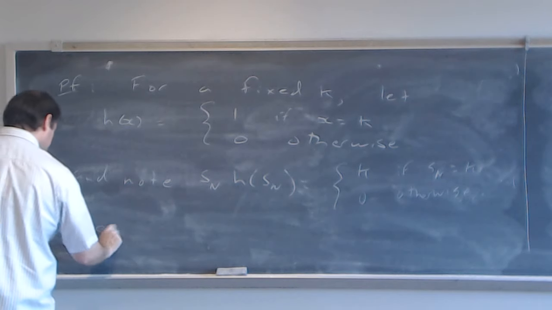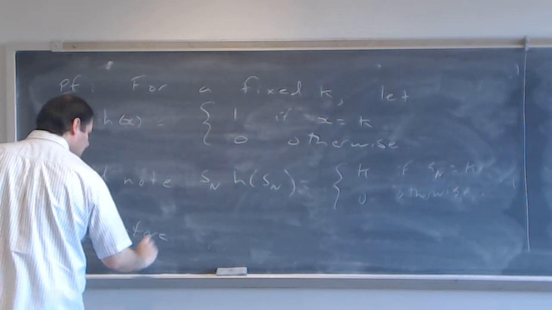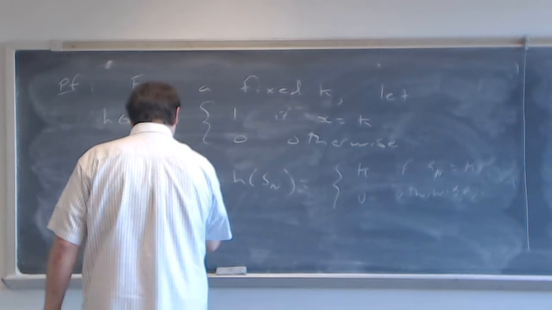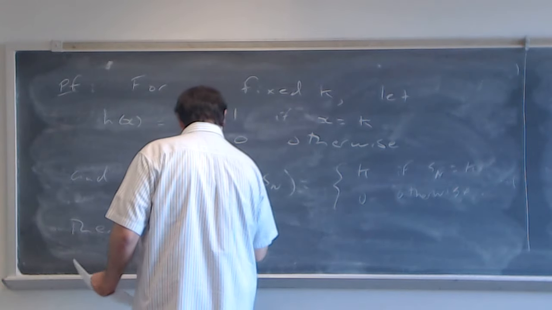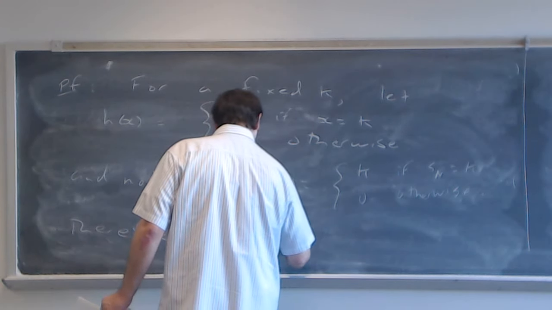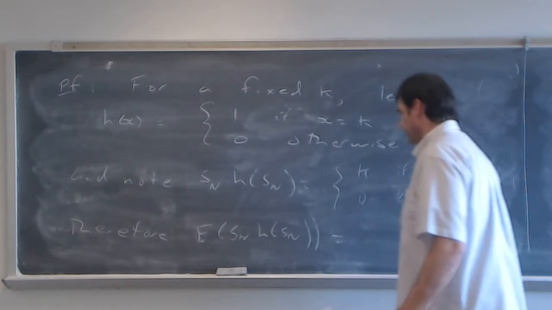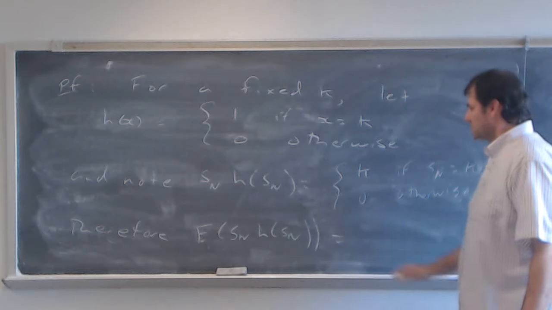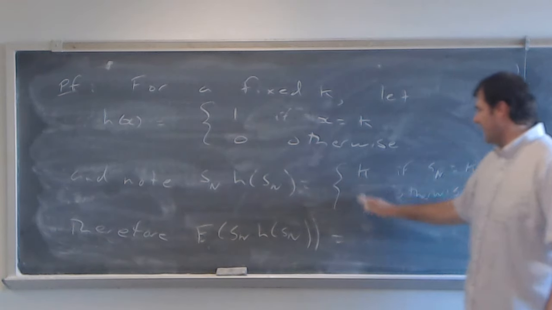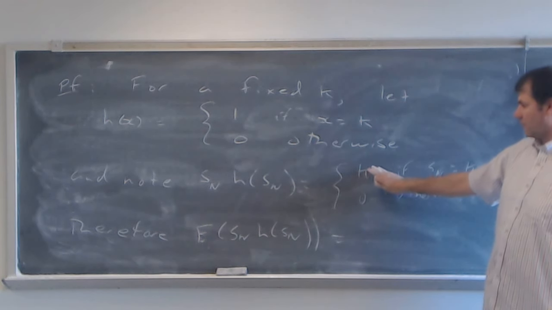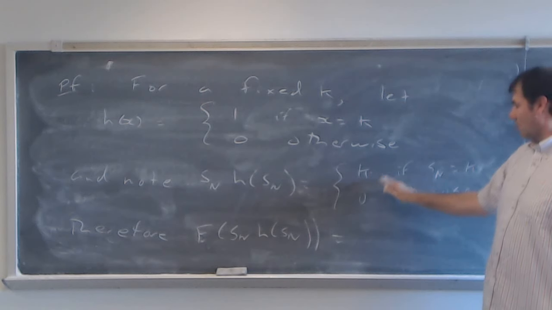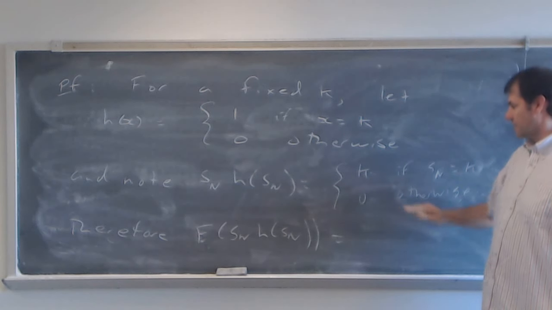Therefore, the expected value of S of N times h of S of N would be equal to, okay, this is an expected value of a random variable that only has two output values, k or 0.